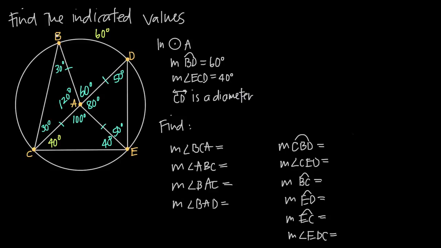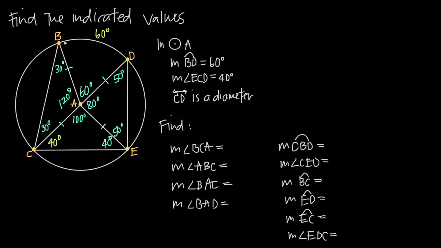Notice that this angle measure here, angle BCD, the angle we talked about in the beginning as being an inscribed angle, is 30 degrees. Well, there's something interesting to know about inscribed angles. The measure of an inscribed angle is always going to be half the degree measure of the intercepted arc. So if I take angle BCD, I know it's an inscribed angle.